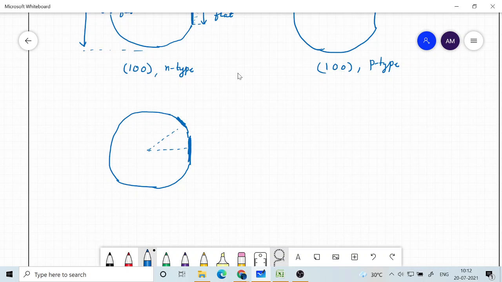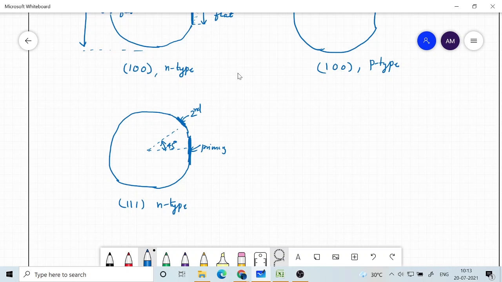So this is the primary cut and this is the secondary cut. Primary cut means the long one, secondary cut is a small one, and this is having an angle 45 degree. So this is basically 111 plane n type.